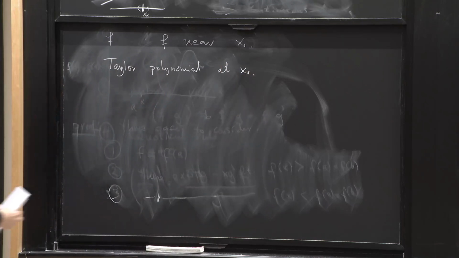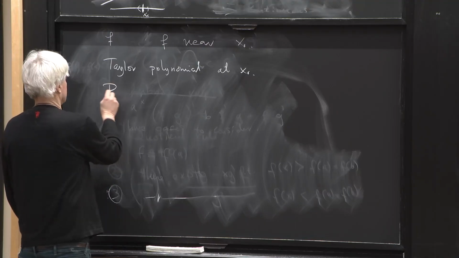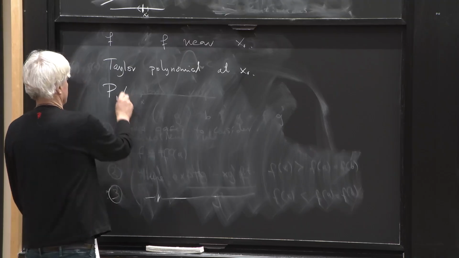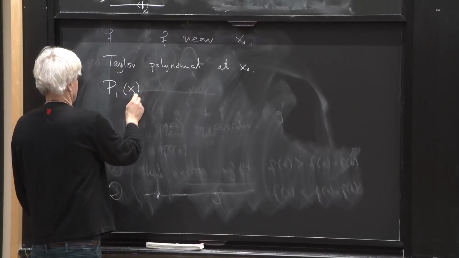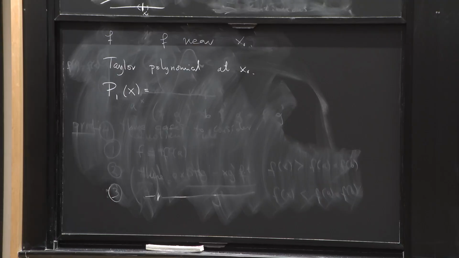The Taylor polynomial depends on how many times you're willing to take the derivative. In this case, I just look at the first Taylor polynomial.